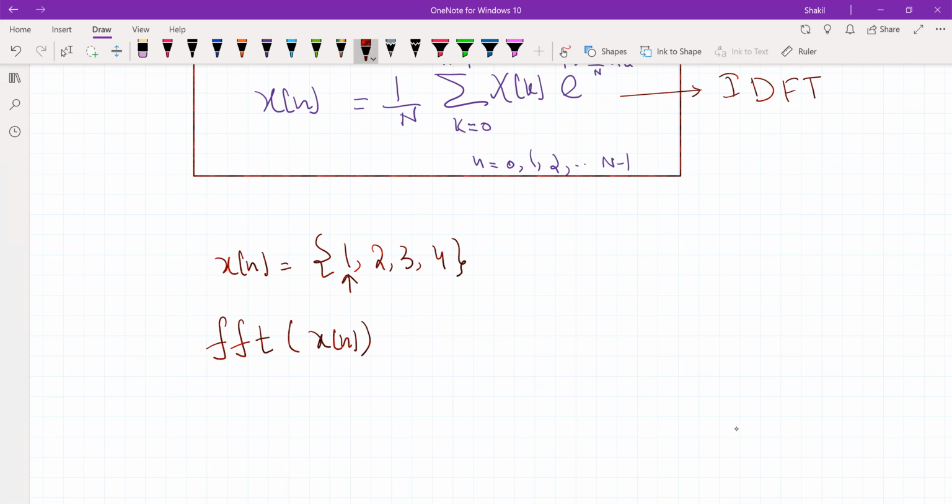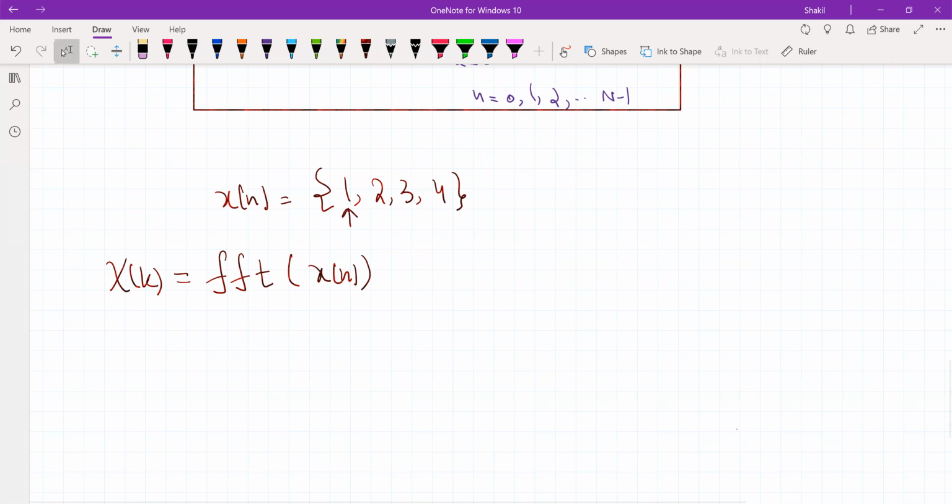This will give you the 4-point DFT, which is X of k. So when x of n is given and you are computing X of k, just type fft in MATLAB. This will give you the answer.